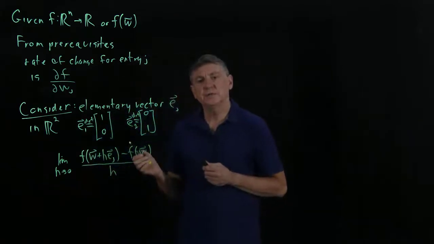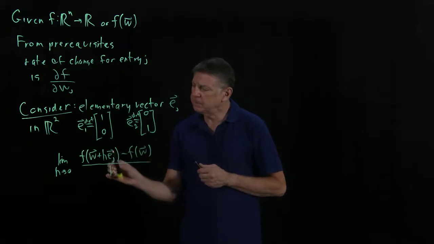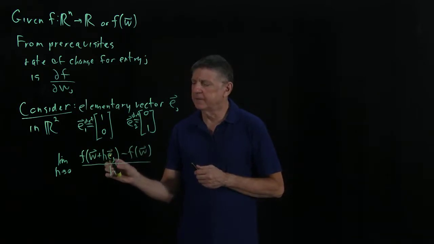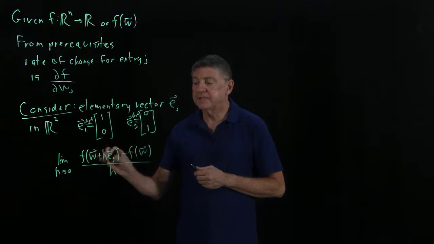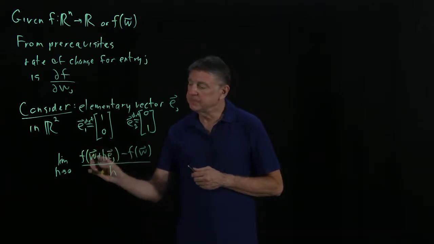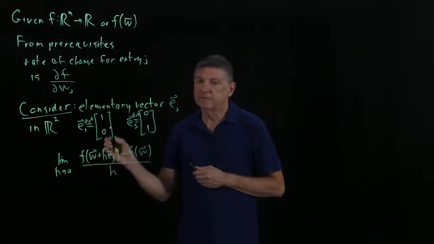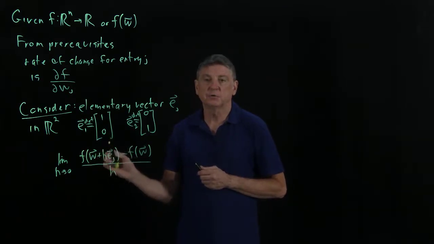So what does this do? Suppose we're looking at elementary vector 1. This will add h to w1, and it will add 0 to w2. That has the effect of giving us the partial derivative of the function with respect to the first variable.